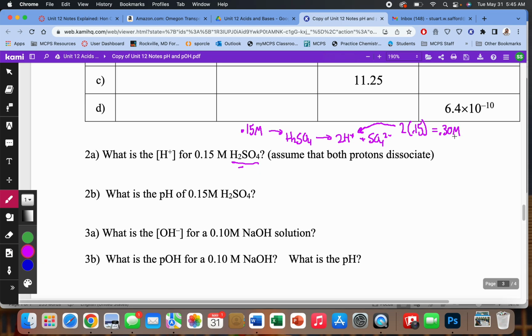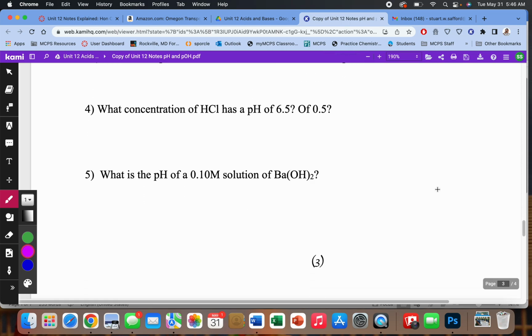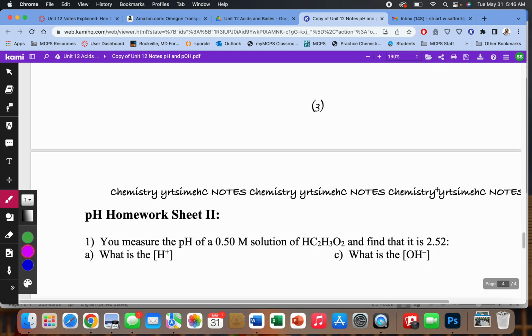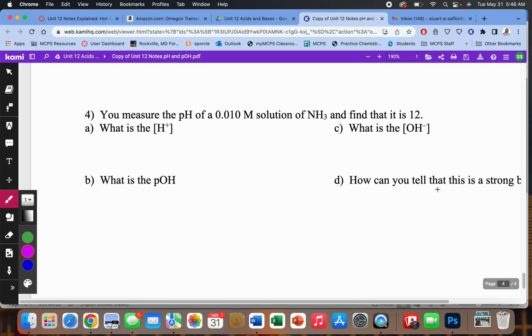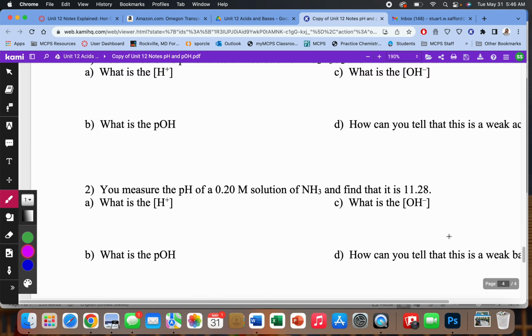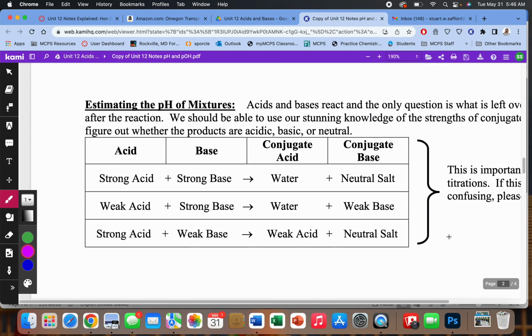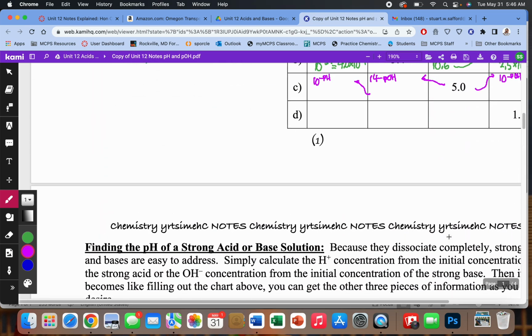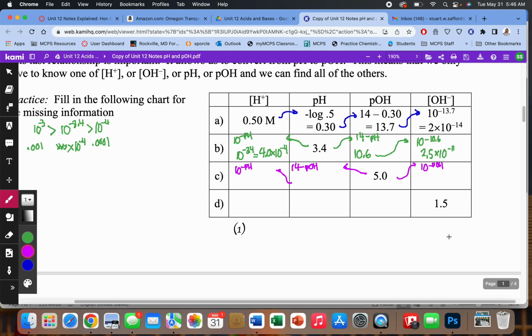And so you need to realize that in a real situation, like with an actual acid or base, you have to pay attention to how many H+ or how many OH- you actually have in the solution. Other than that, these are just variations on getting you to figure out what the H+ concentration is, what the pH is, what the OH- concentration is, and what the pOH is, and you should be able to do them.